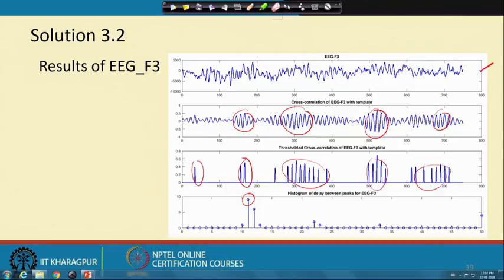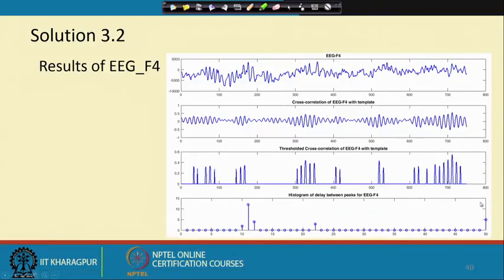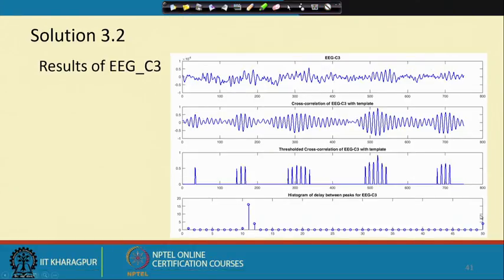Next, we go for the next signal F4. The same way we have calculated the autocorrelation coefficient, thresholded it, and found the peak of the histogram and the corresponding location for F4. So, next we go for F5, again we find the peak at the same location. Okay.